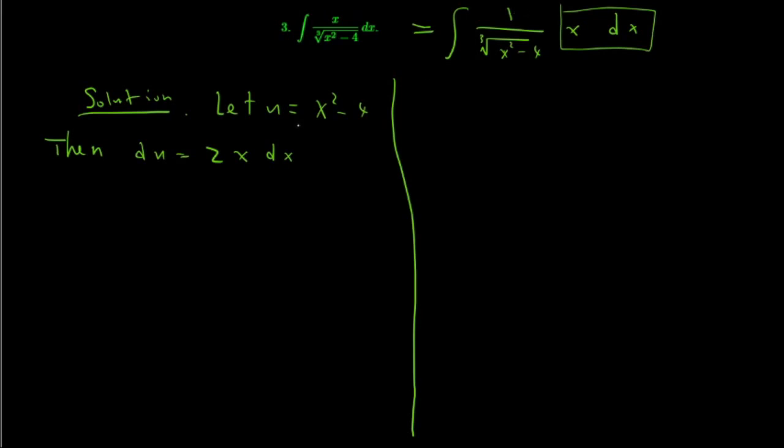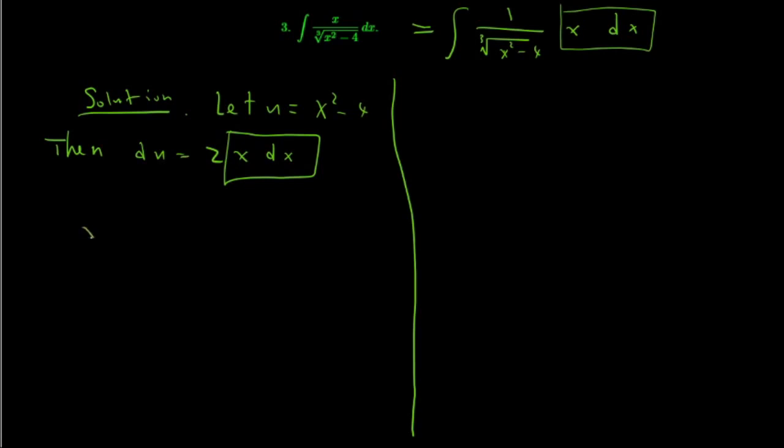The stuff I boxed is here in the differential. As long as you choose u properly, the stuff in the box can always be written as a constant times du. And then we solve that equation for the box. We want to write the stuff in the box as a number times du.